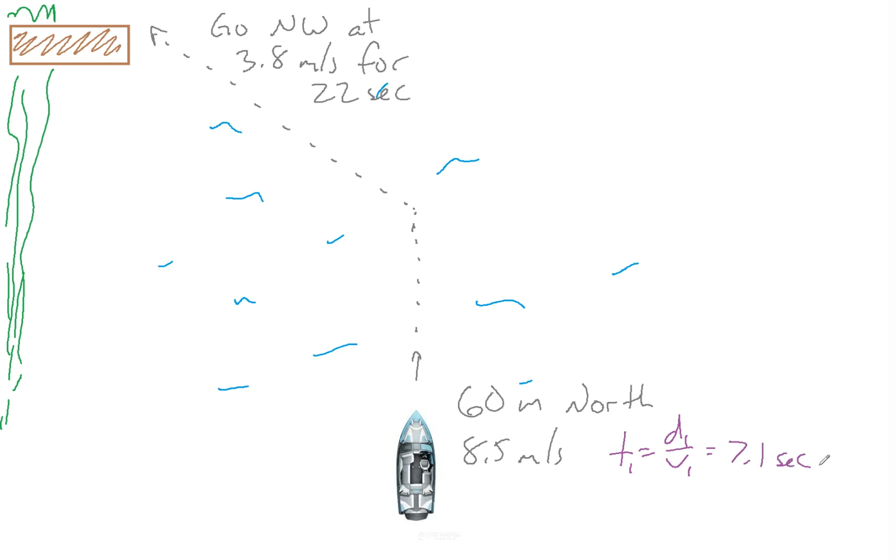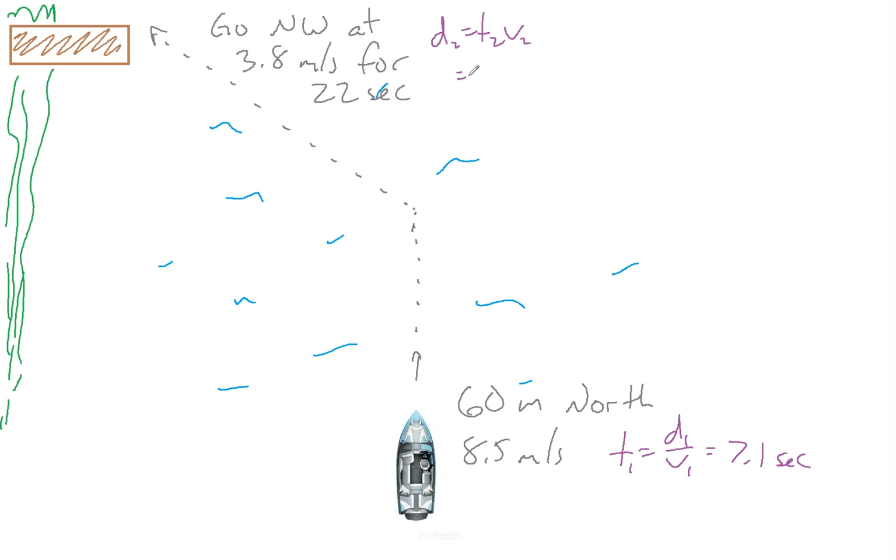Okay, so now I'll go to the second part. For the first part, I've got the D, the V, and the T. For the second part, I've got the V and I've got the time, so I can find the distance for the second part. All I have to do is multiply those two things together.